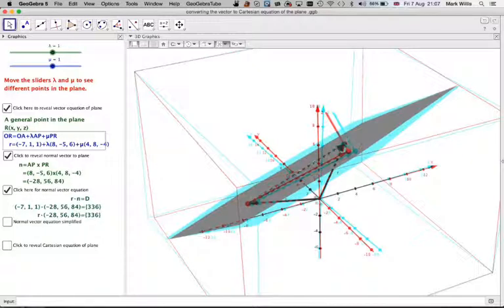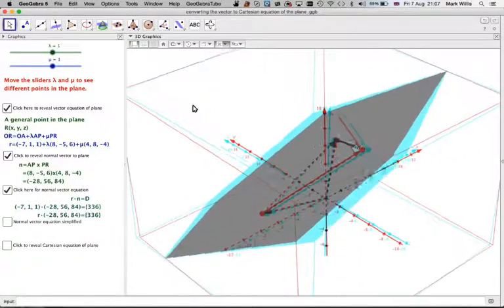So we've got the point minus 7. We can take the point A. So if we know the point A here, then we can do the vector equation from A, P, cross PR, from there to there. Let's just move that around a bit so we can see if I do an angle.